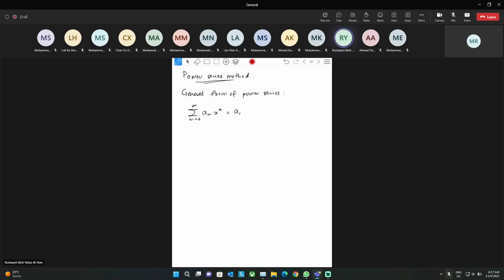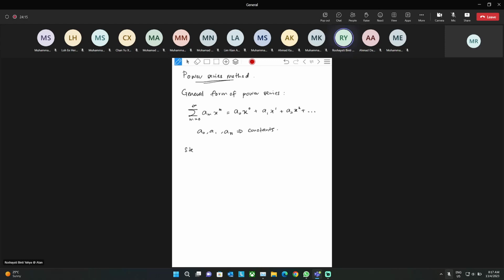So it becomes a0 x^0 plus a1 x^1 plus a2 x^2 plus dot dot dot. Make sure you write the dot dot dot, and then a0, a1, an, for example, these are constants.